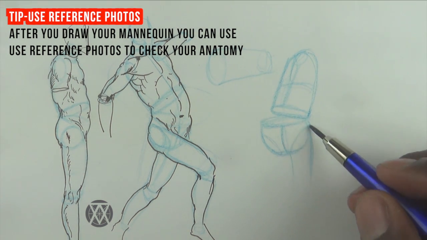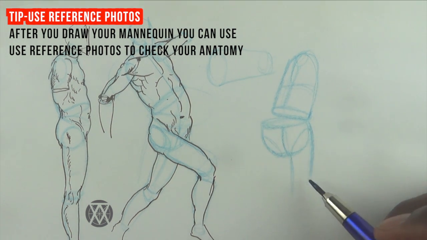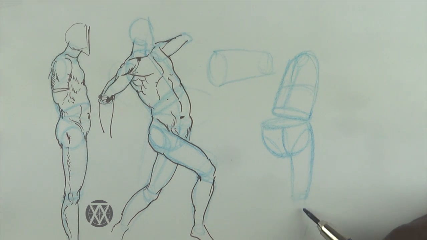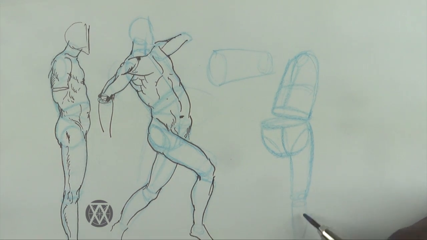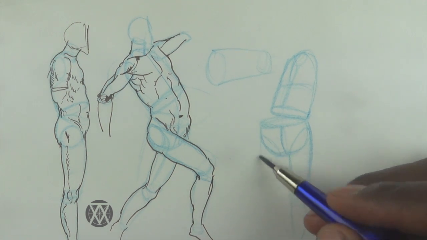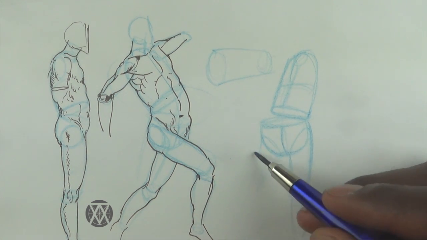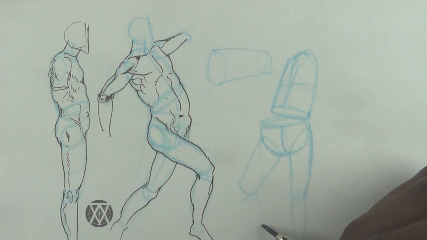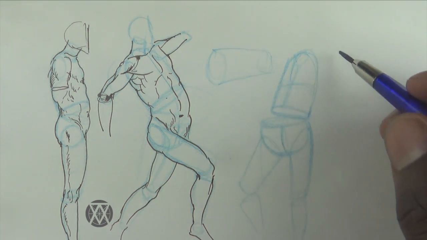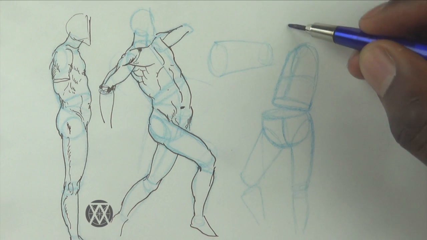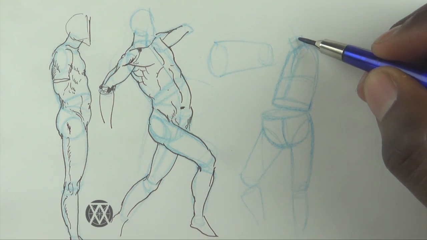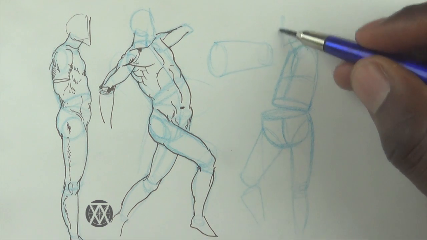Like this. Can project it out like that. We can make the head go this way, and then we can make it face that way.